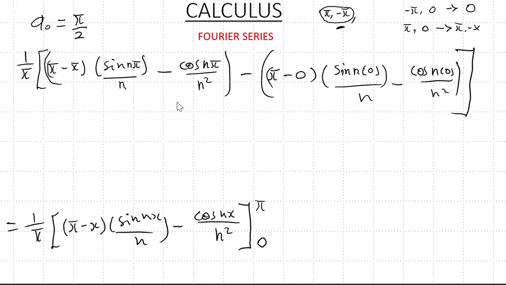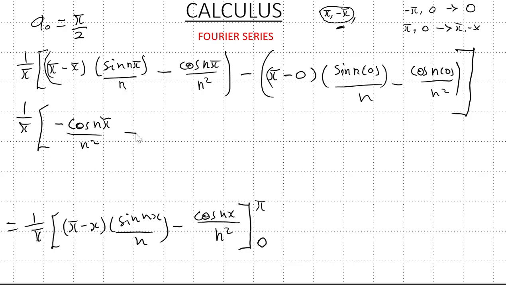So now let's simplify it further. Let's write our 1 over pi first. Now considering this, pi minus pi is 0. So if there is 0 here and this 0 is also multiplying this, it means the whole of this particular part is 0. So it's going to be left with only cos n pi, all divided by n squared.